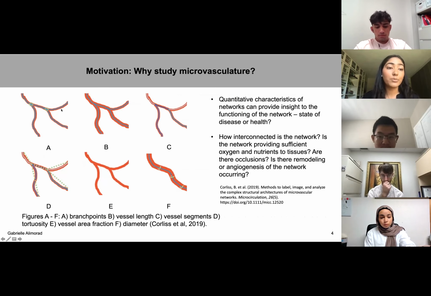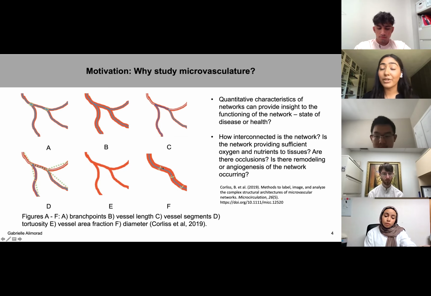So the number of branch points or bifurcations, the vessel length, the vessel segments, the tortuosity or how twisted a vessel might be, the vessel area fraction in a given field of view, and the diameter of different vessels. All of these metrics provide different insights to how the network might be working.